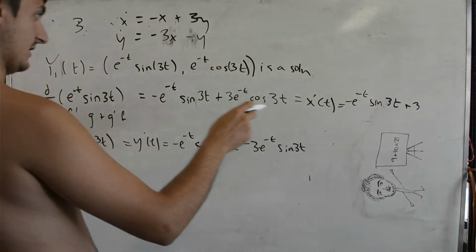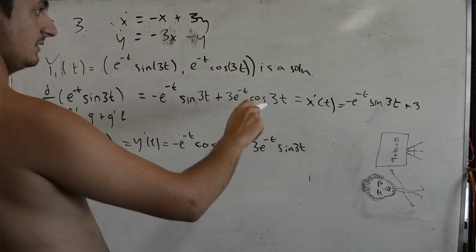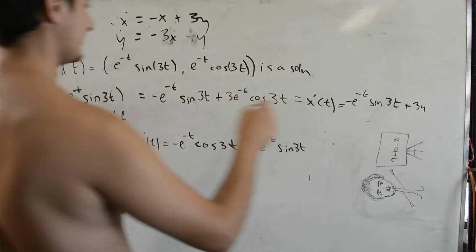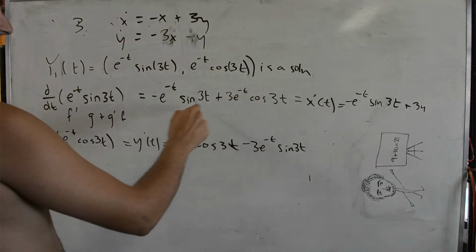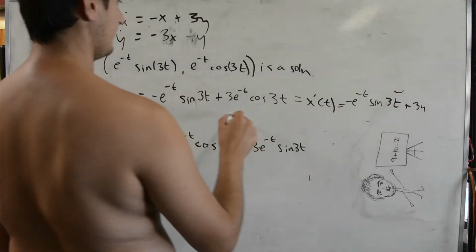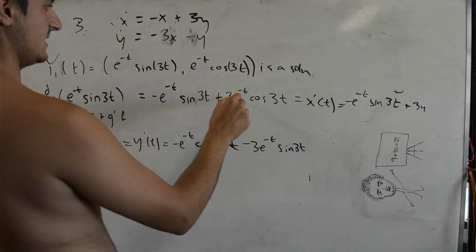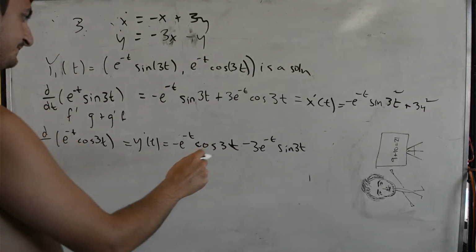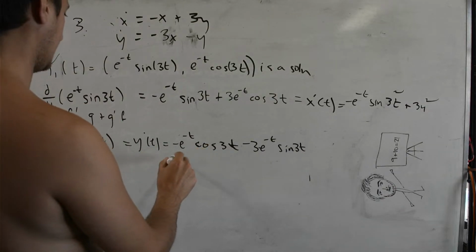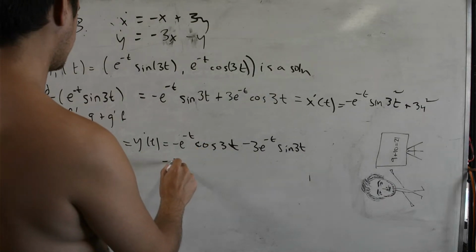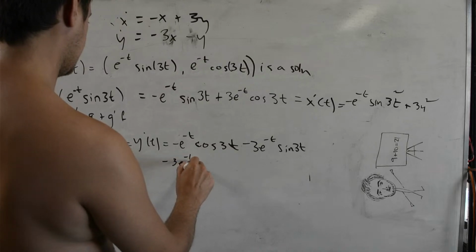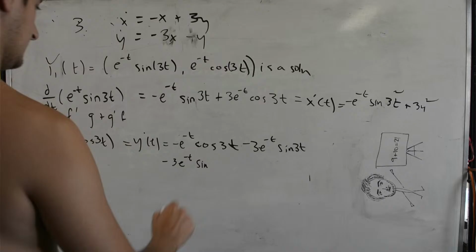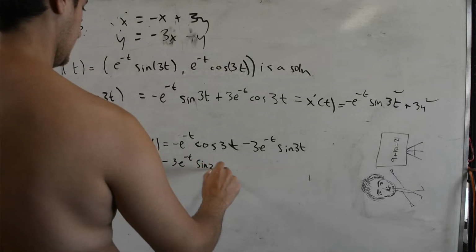And let's see, is that true? So that one's correct because we have this, which is good. And then 3 times e to the minus t cos 3t, that's good. Okay, so now we just get this side, and we get minus 3x is minus 3e to the minus t sine 3t.